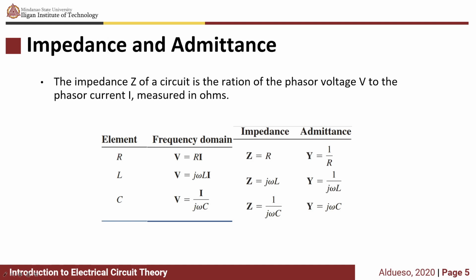Now impedance and admittance. The impedance Z of a circuit is the ratio of the phasor voltage V to the phasor current I. The impedance is measured in ohms.